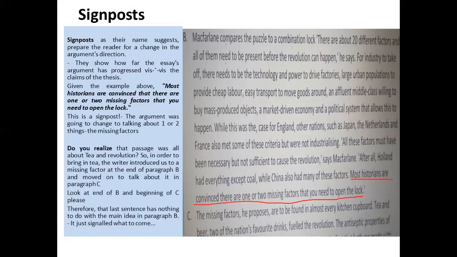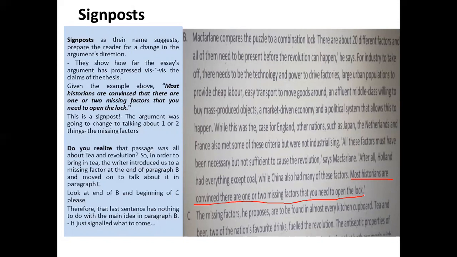Do you know that this passage was all about tea and revolution? Paragraph A talked about the history of revolution, the time and place it started from. B talked about some different factors you need to have in place for revolution to happen. Now, C was going to introduce tea, okay, and beer.